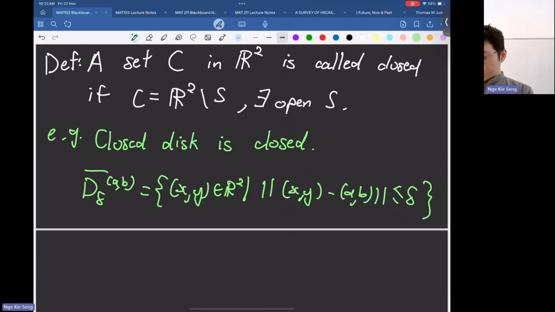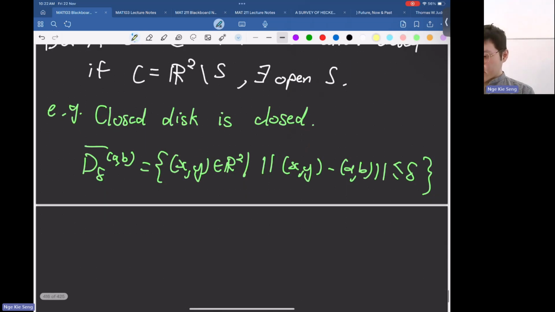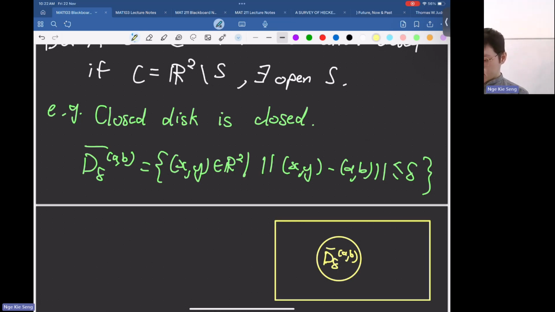Okay, when we talk about these items, make sure you have an image inside your mind. So this is a closed disk, and then we have R2 outside here.